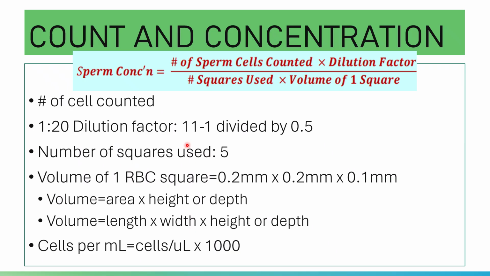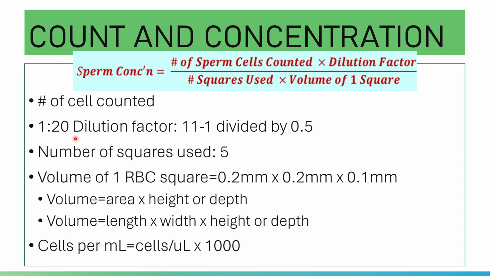Please note that in that case, you need to subtract 1, because the 11 mark includes the bulb volume, and the 0.5 mark is not actually a true volumetric mark. That is why you need to subtract 1, 11 minus 1, and then divide it by 0.5, as your sample.